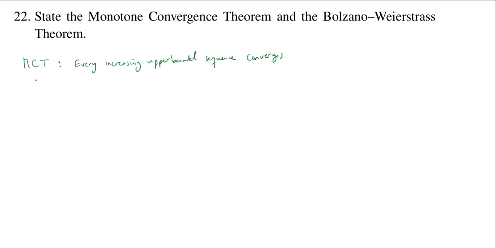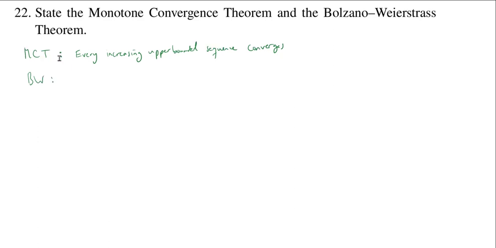Okay. How about Bolzano-Weierstrass? So Bolzano-Weierstrass tells us that every bounded sequence has a convergent subsequence. So of course that bounded is really important here.